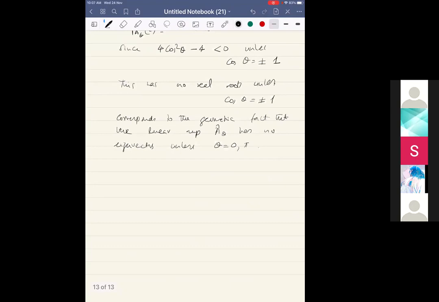Very good. But now I can consider the same matrix A theta, but consider the corresponding linear map from C2 to C2.